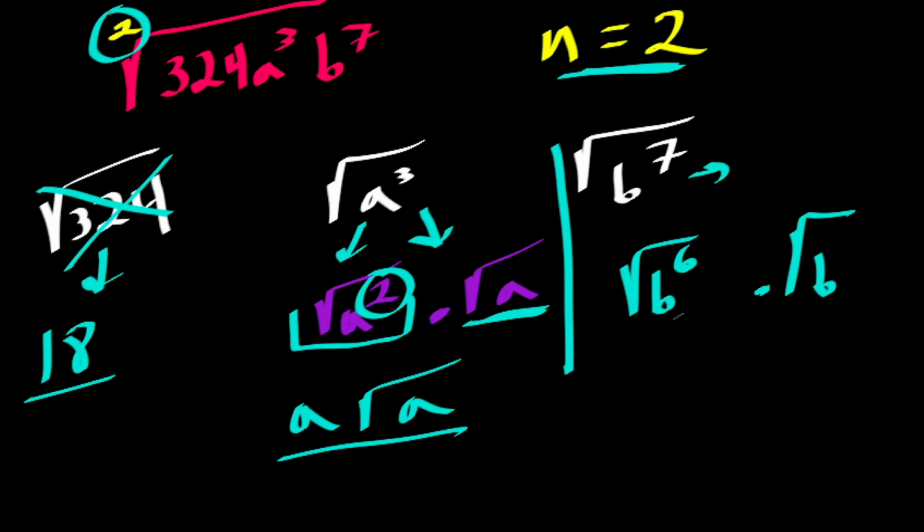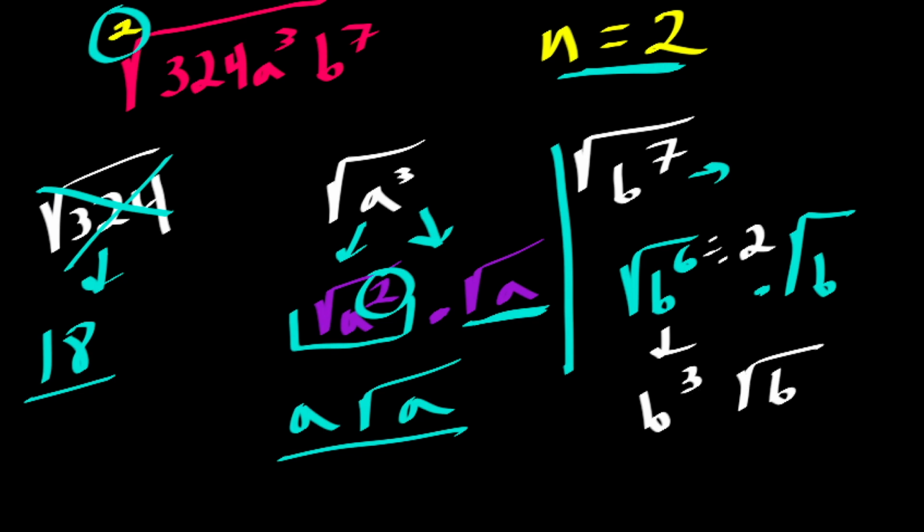All right, so now we can do the square root of b to the 6th, because we can just divide that 6 by 2, and that gives us b to the 3rd. But then this square root of b can't be broken down any further, because once you get below this index it's very difficult to do it after that. I always just memorize it and say, once this number gets lower than the index, we're done, as far as breaking down what's in the radical.